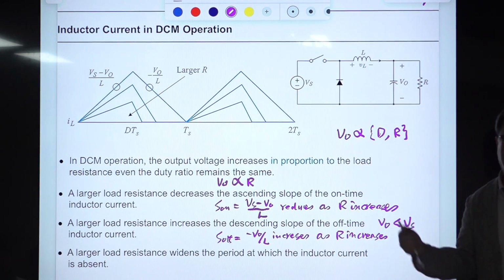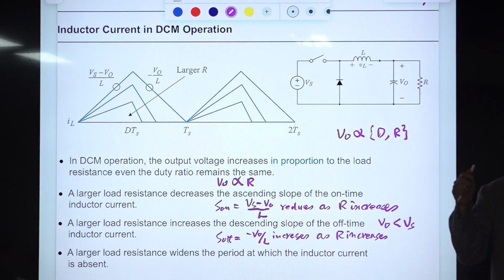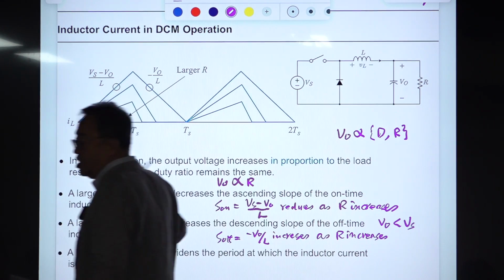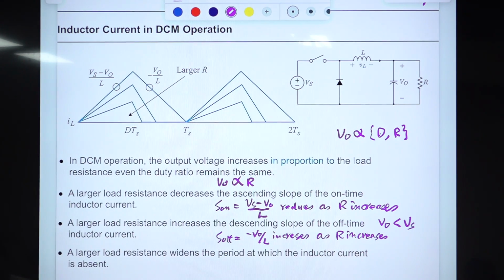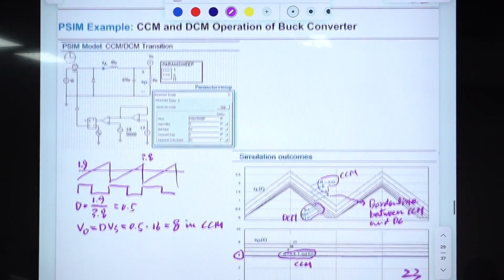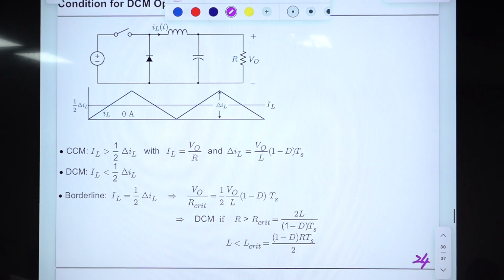Then the converter inevitably goes into DCM operation. So you cannot avoid DCM operation. You should understand this DCM operation as well as CCM operation. So we'll spend some time on this topic.